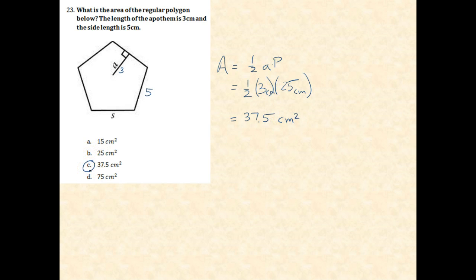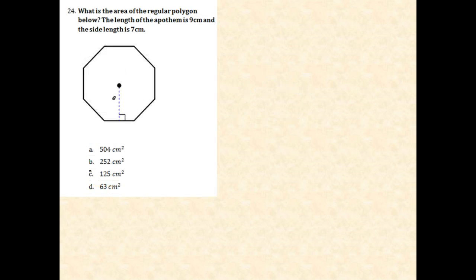So let's see. What is the area of the regular polygon below? The length of the apothem is 9, and the side length is 7. So same formula. Area is 1/2 the apothem times the perimeter.